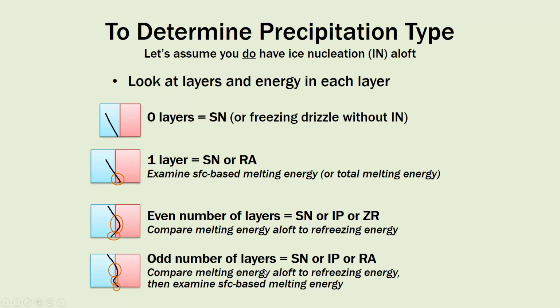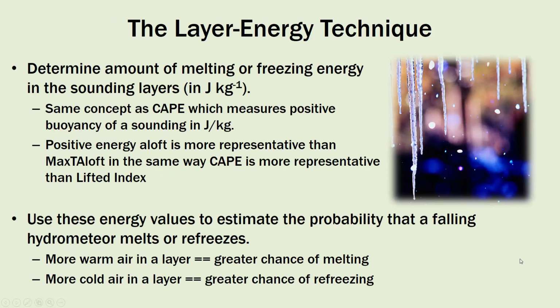And the same can be said too for our multi-layer case here, 3 or more layers. Pretty much it's going to come down to the potential for refreezing, for sleet, and if we have enough melting energy throughout the column to get rid of the snow potential. So overall, the layer energy technique works by determining the total amount of melting and freezing energy in the layers of our sounding.